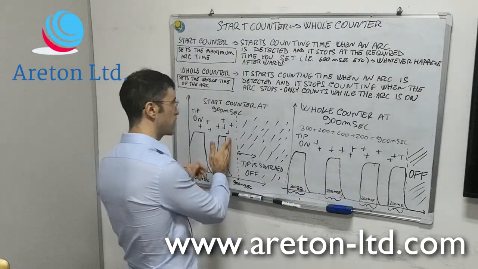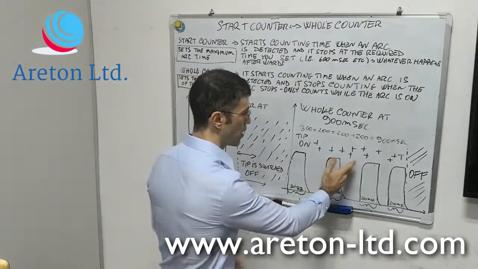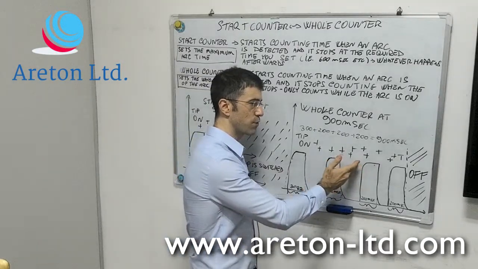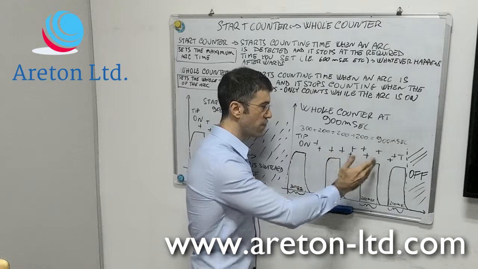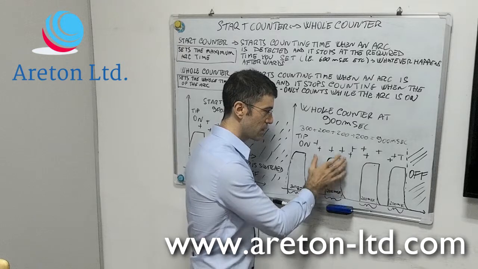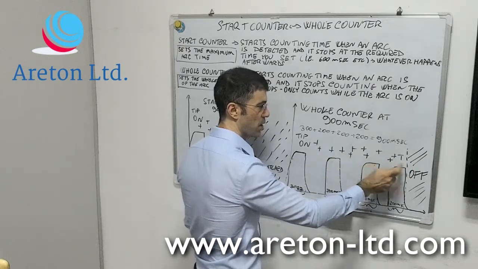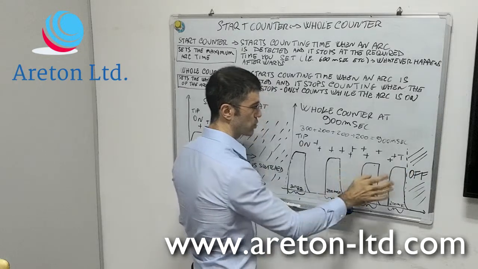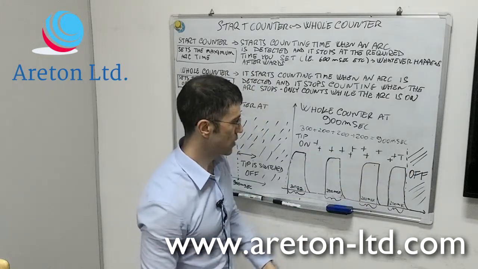Here you say, oh, dear tip, be on for 900 milliseconds. And here, the duration that the tip is on is indefinite, because the device is telling it to switch off the tip when the total duration of the arc reaches 900 milliseconds.